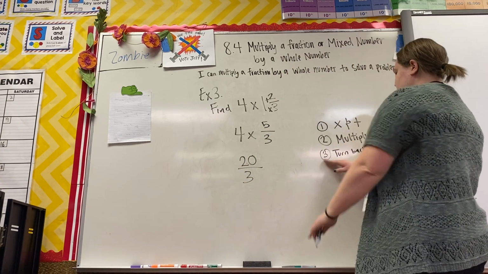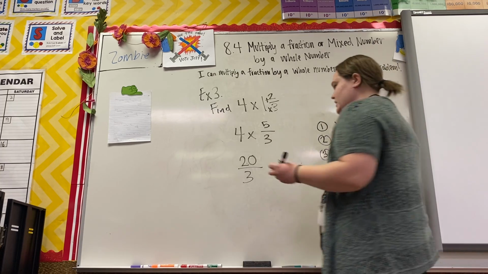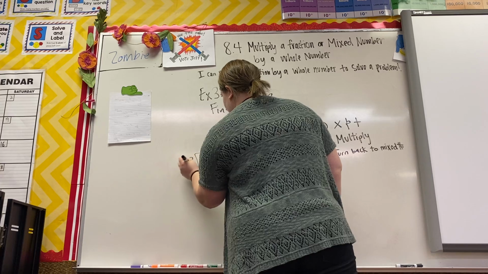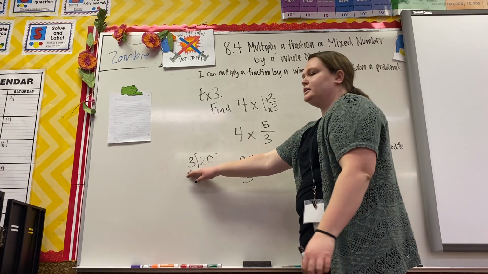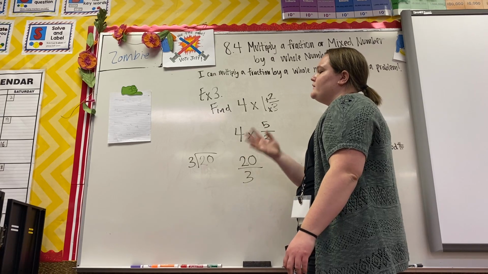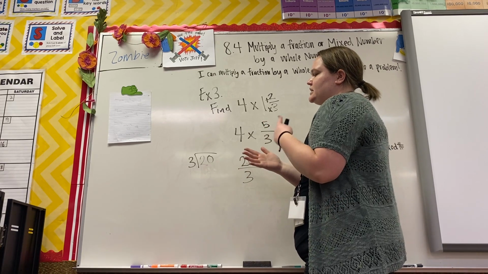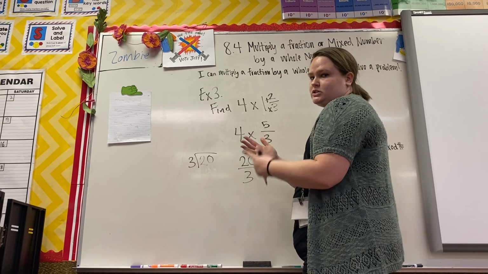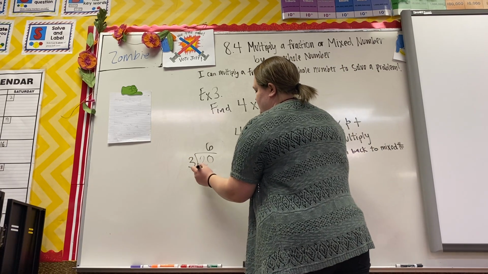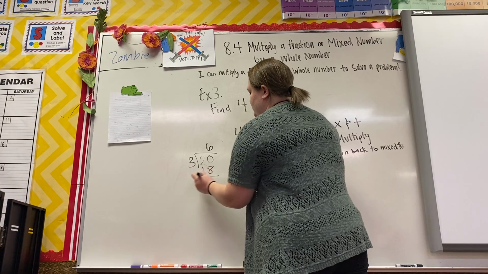And now we need to turn it back into a mixed number. 20 divided by 3. 3 can go into 20 3, 6, 9, 12, 15, 18, 21. Too much. So 6. 3 times 6 is 18.